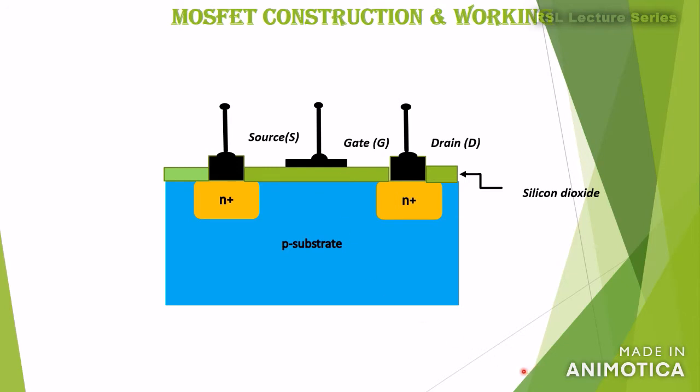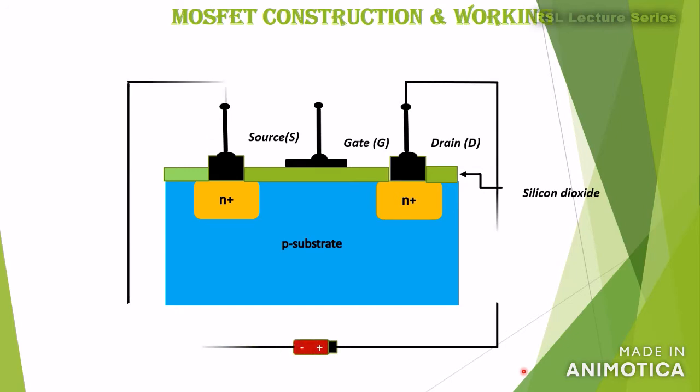Now, with the gate terminal open, we apply a voltage across the drain and the source, with the drain made positive with respect to the source terminal. The source is directly connected to the N plus region and we have given a negative supply, so the junction formed between this N plus region and the p-type substrate will be forward biased.